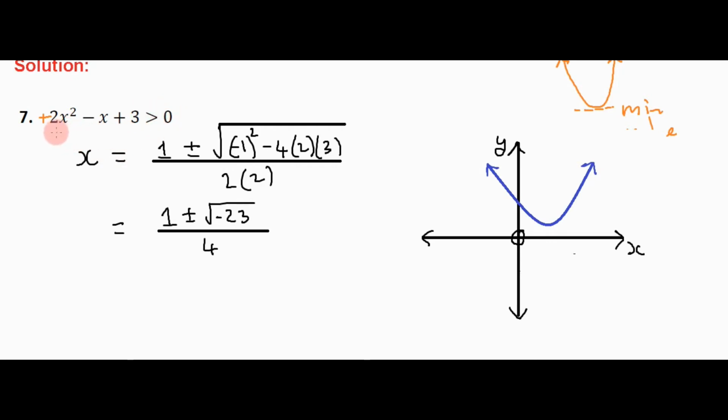And we need to find for which x values the left-hand side is greater than 0. In other words, for which x values will this parabola be positive or above the x-axis? And from the sketch, we can see that it's going to be positive or greater than 0 or above the x-axis for all x's. So in this case, our answer is x is an element of real numbers.